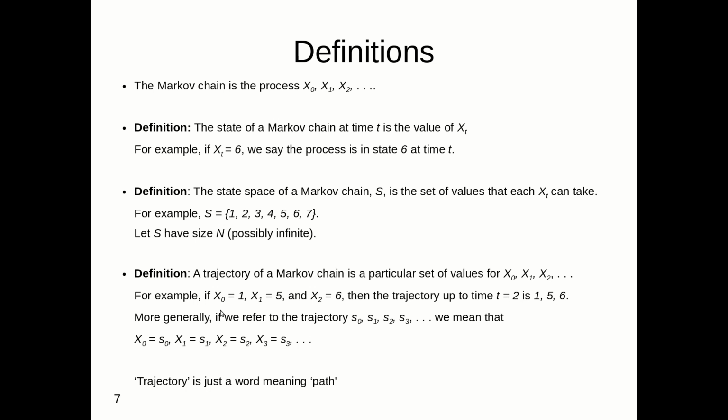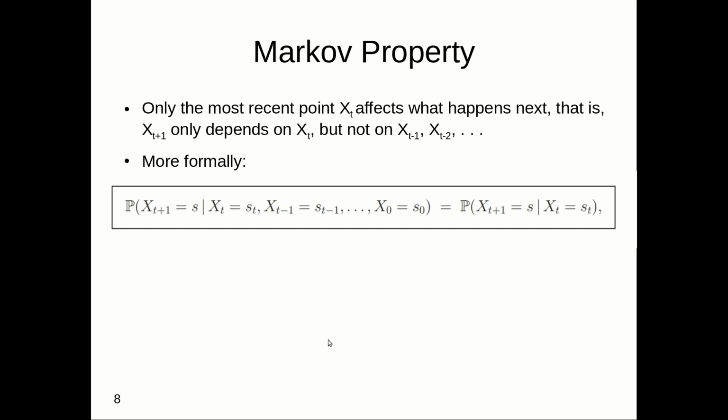More generally, if we refer to the trajectory S0, S1, S2, S3, we mean that our variables take the values of the states S0, S1, S2, S3. Essentially, trajectory is just a word meaning a concrete path through our Markov diagram.